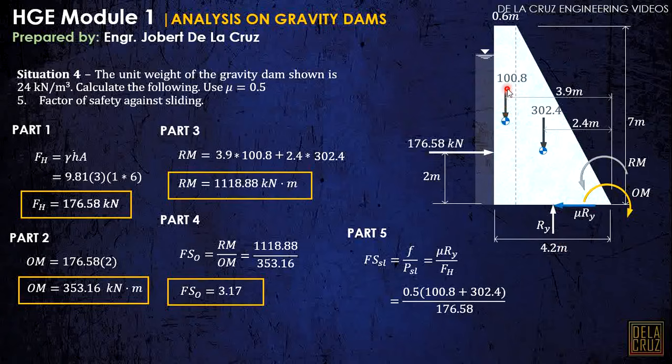Ry is equals to the vertical or the gravity loads dito, which is 108, ito, plus 302.4. Okay, divided by the hydrostatic force, or mas general yung force na magpapaslide sa ating dam. So we have calculated the factor of safety against sliding, 1.14. So medyo critical na siya, malapit na siyang mag-1. Okay, anyways, safe pa rin naman siya.